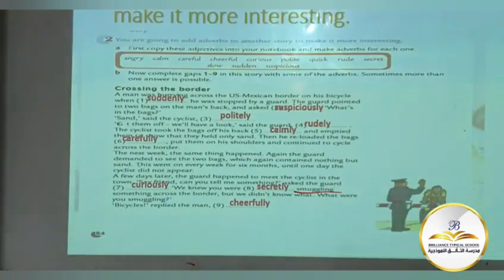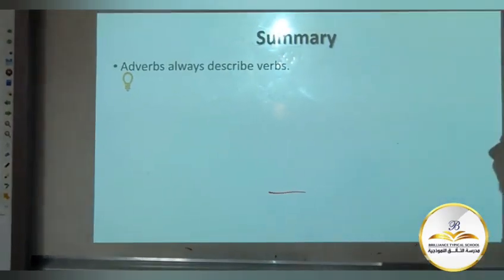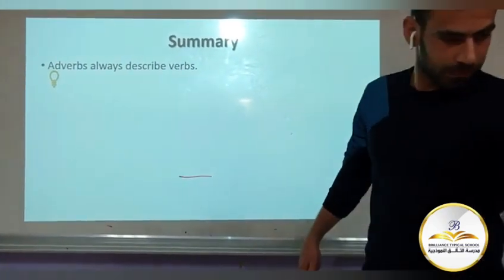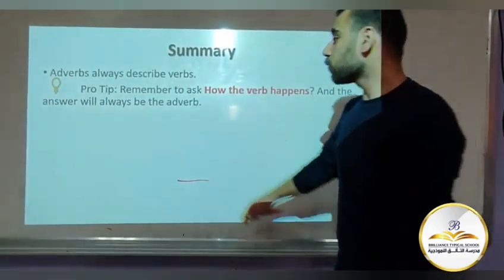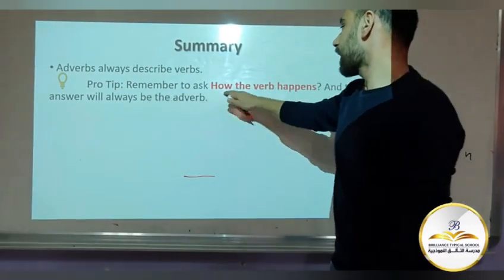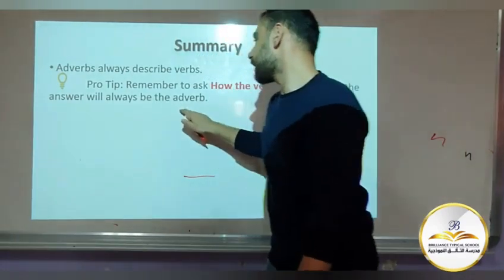Okay. Now, let's summarize what we have done today. First of all, remember, adverbs always describe verbs. The broad tip: always remember to ask how the verb happens, and the answer will always be the adverb.